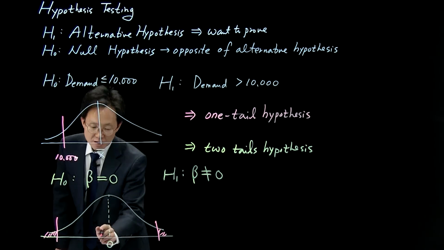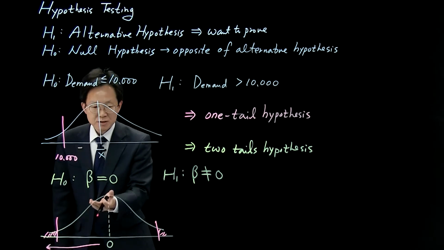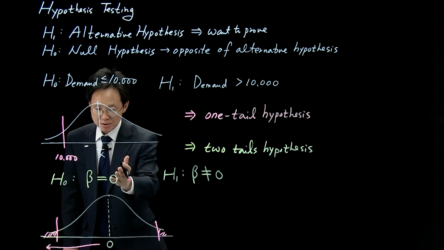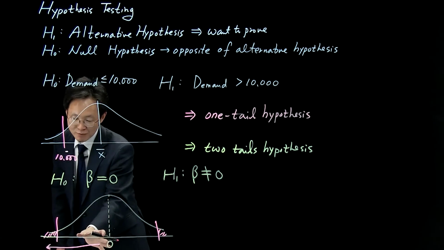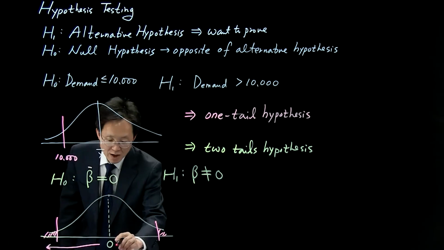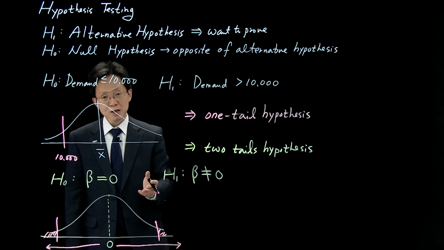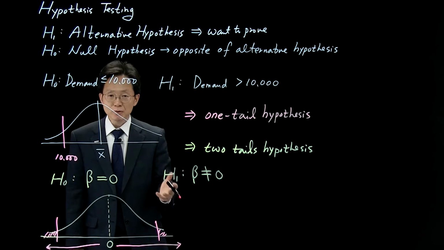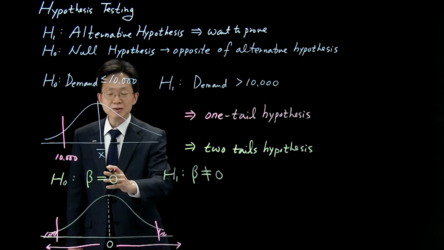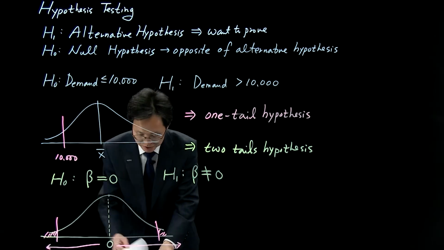If you are far away in that direction, that's still some evidence that may or may not support the null hypothesis. Depending on how far away, we may or may not reject the null hypothesis. And likewise, if we are far away in that direction, that also is significant, very useful information we can use to determine whether we reject or cannot reject the null hypothesis. So we have two different types of hypotheses.